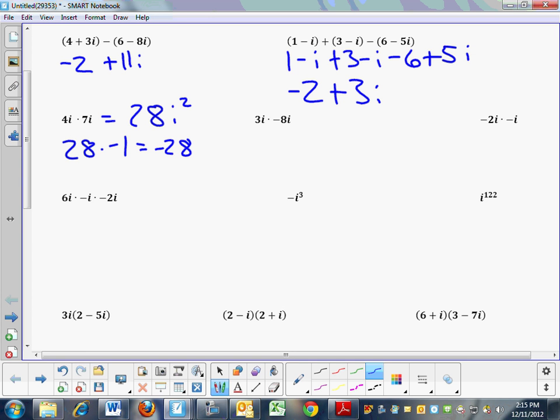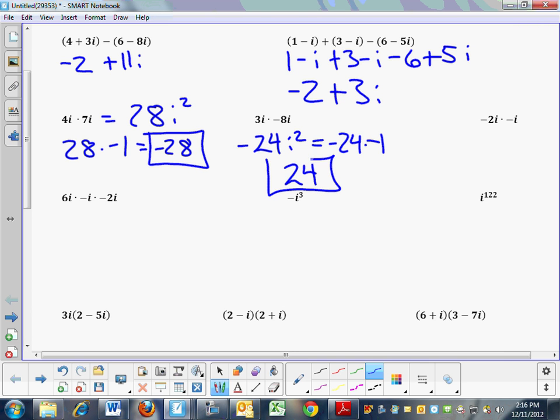And we have 3i times negative 8i. It'll be negative 24i squared. So we have negative 24 times negative 1, which is positive 24.